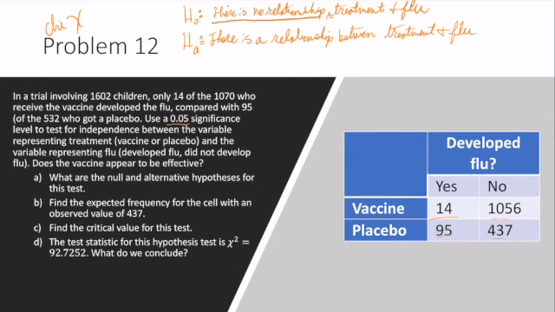In this question, I really just want you to find the expected frequency for this cell right here. So expected value is row total times column total over grand total.